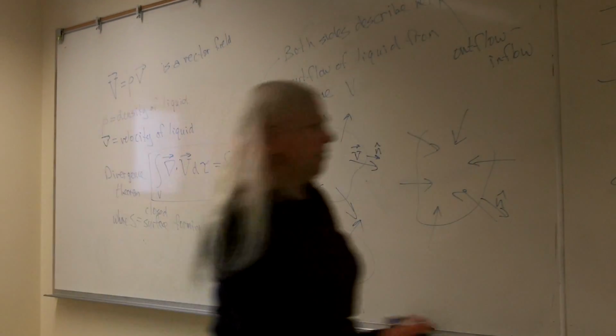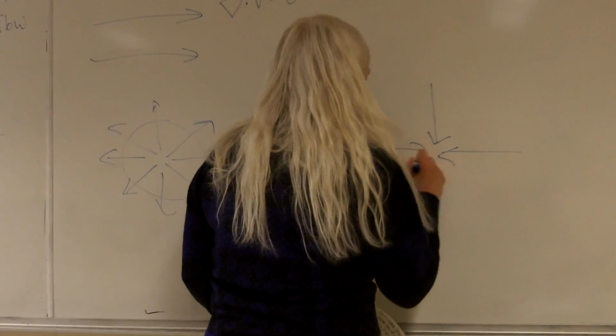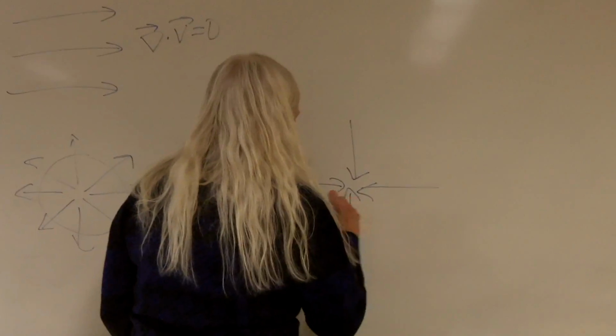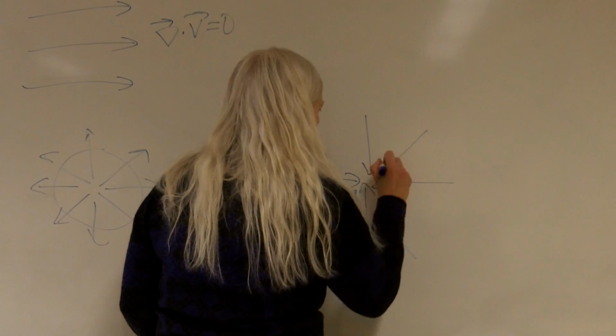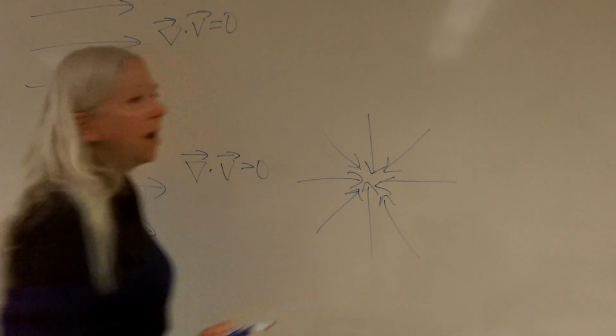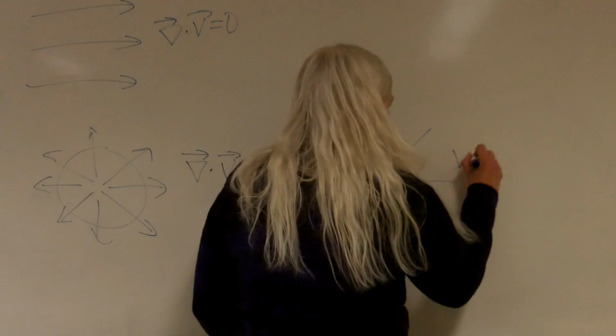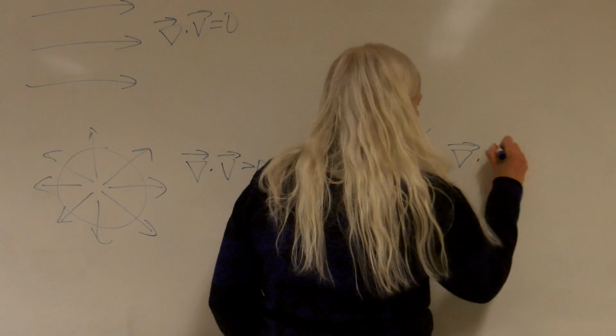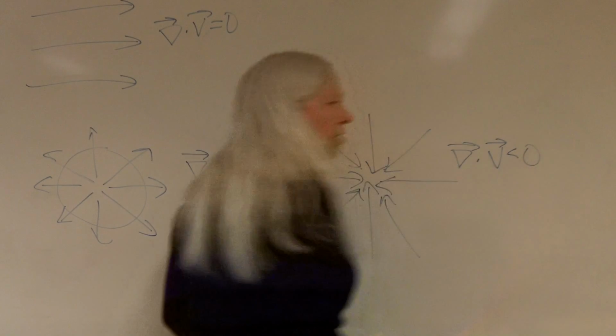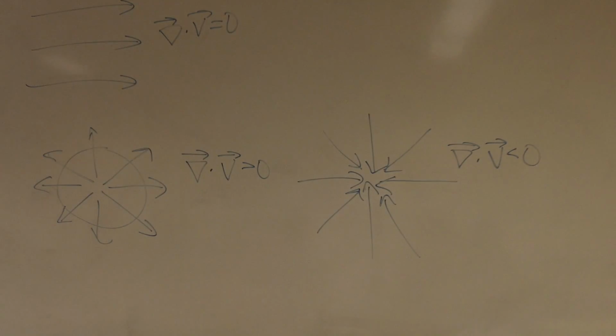And similarly, if you had inflow, right? If your fluid was flowing inward like this and maybe being destroyed somehow, again, that's not physically possible, but if it were, it could disappear at the middle and more could keep flowing in. In this case, again, we'd have a non-zero divergence. In this case, the divergence is negative, right?